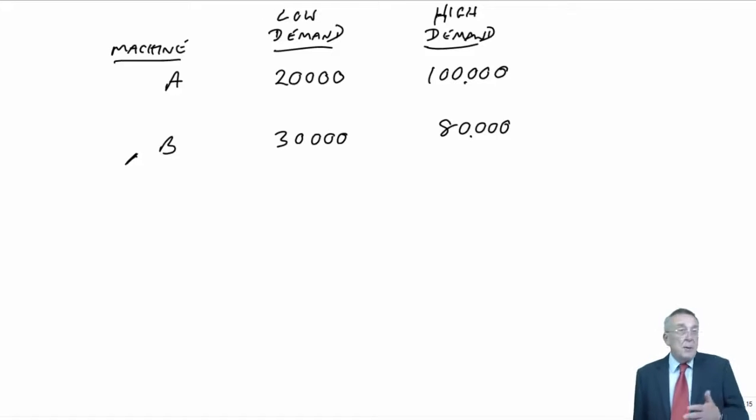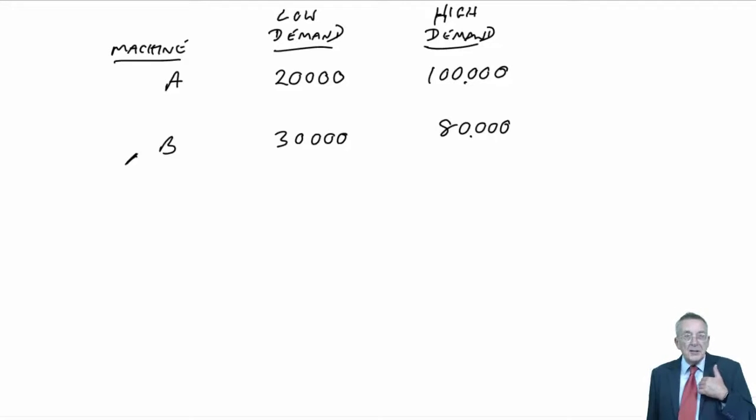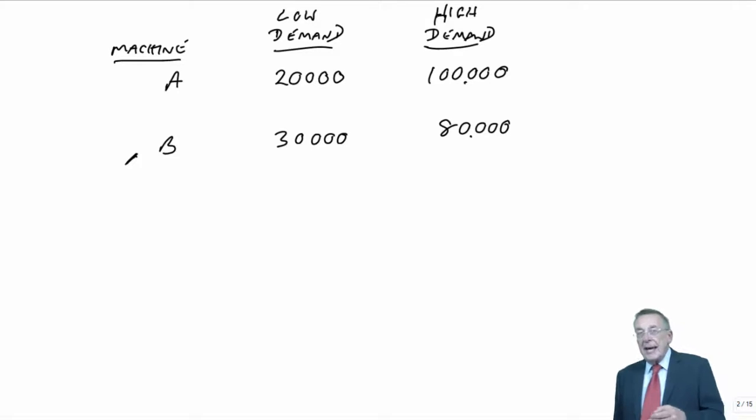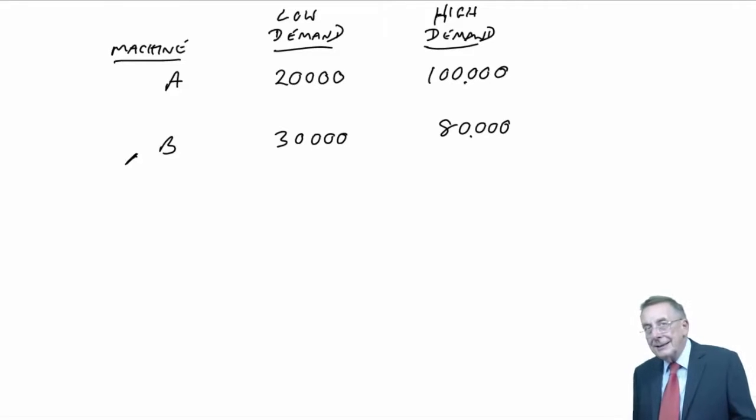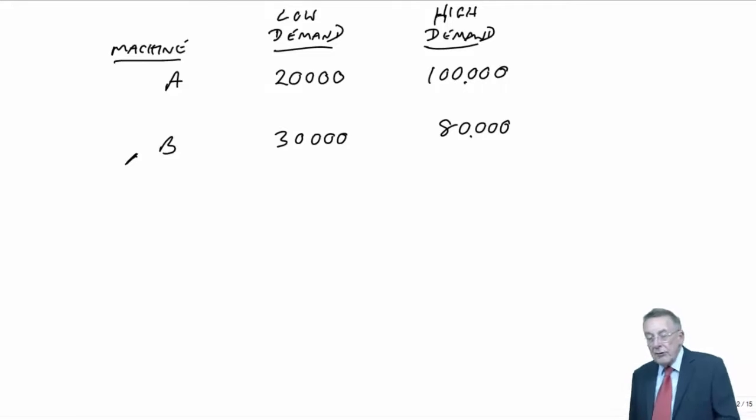And I don't know, if these were millions and it was me personally deciding, I'm not greedy. I'd rather have a guaranteed 30 million than take a risk and end up where I may get only 20 million. So you might take that approach.